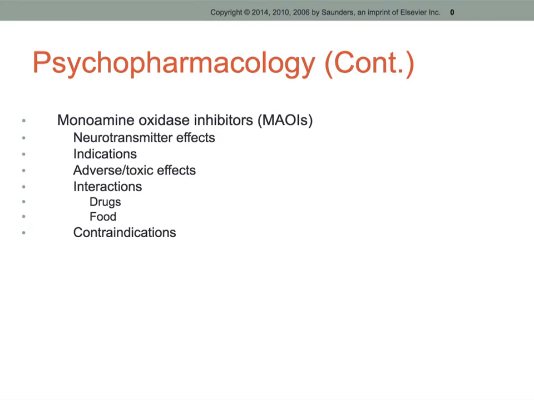The reason this is important is that we need to teach patients taking MAOI antidepressants that over-the-counter medications that contain a vasopressor agent, and also foods that have tyramine, need to be avoided because they can precipitate a hypertensive crisis.